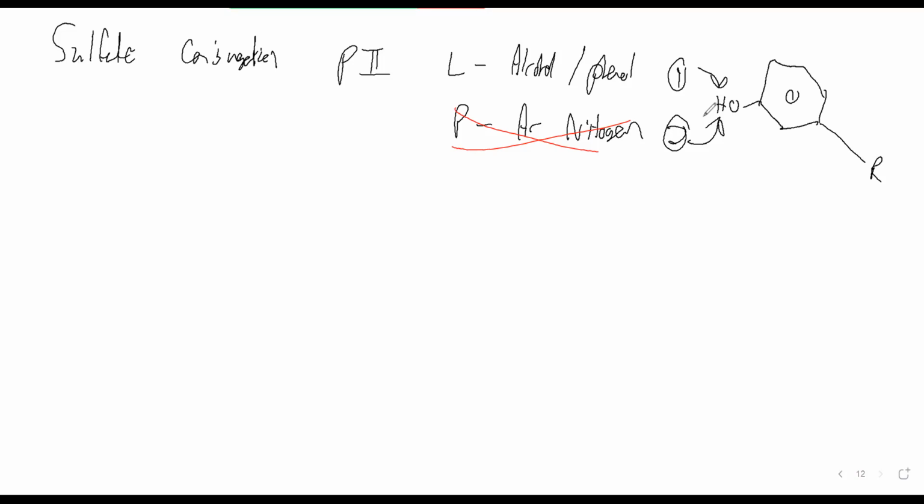But what you're going to see, we've got our enzyme, which is sulfotransferase. And our coenzyme is going to be PAPS.